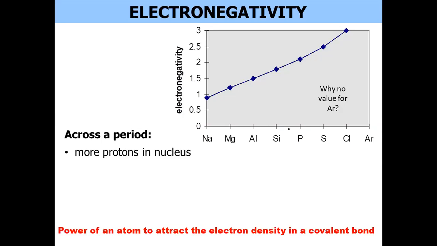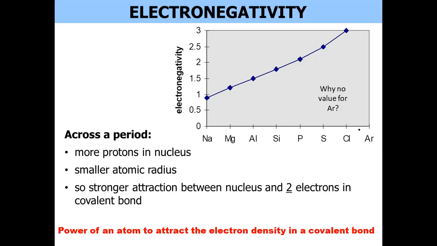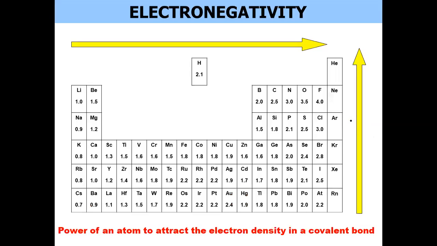As you go across the period, you get more protons and a smaller radius, and that means a stronger attraction between the nucleus and the covalent bond electrons. So stronger attraction means higher electronegativity. This is a typical exam style question: state and explain the trend of electronegativity across a period.